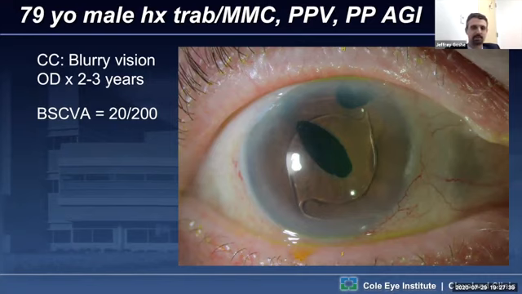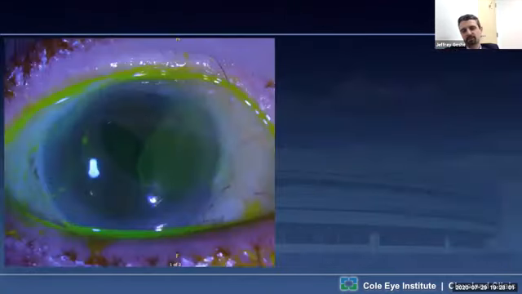So here's a case. This just gives you an idea of maybe some, let's say, creative approaches to less advanced cases. Referred in with a best corrected vision of 20/200, progressive over the last 2 years. The patient had a history of multiple procedures, including a trab with MMC, vitrectomy, a tube, and you can see an ACIOL in the anterior segment. And when you look at this patient, you can see obviously why they're having difficulty with their vision.